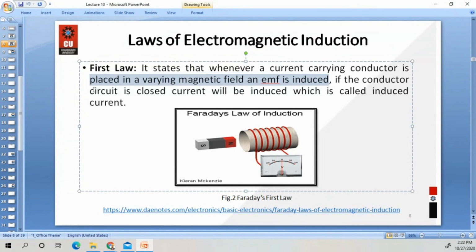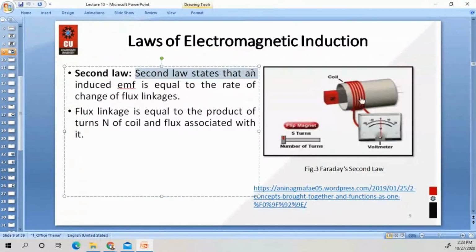If the conductor circuit is closed, current will be induced, which is called induced current. The second law states that the induced EMF is equal to the rate of change of flux linkage. The flux linkage is equal to the product of the turns N of a coil and the flux associated with it.